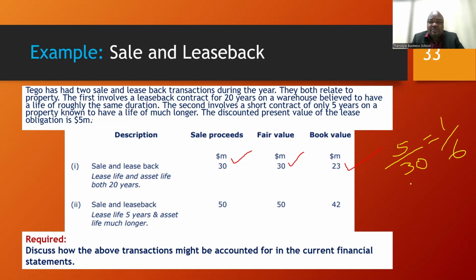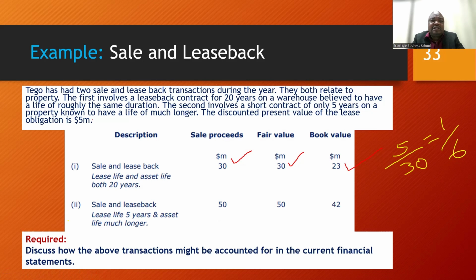To me, it seems to be not at market value. That's too far below the market value. Remember, the fair value here is 30 million, but the obligation is just 5 million. To me, it doesn't sound proper.